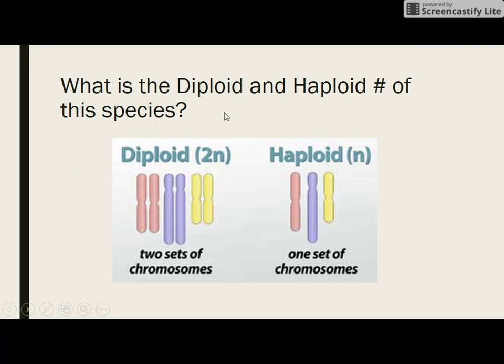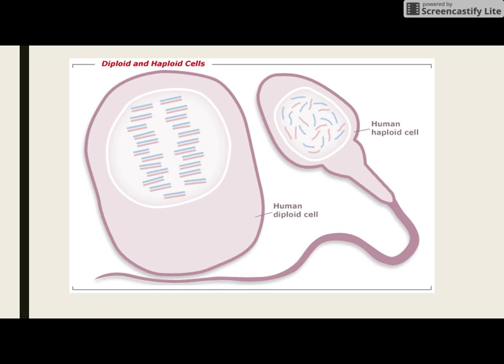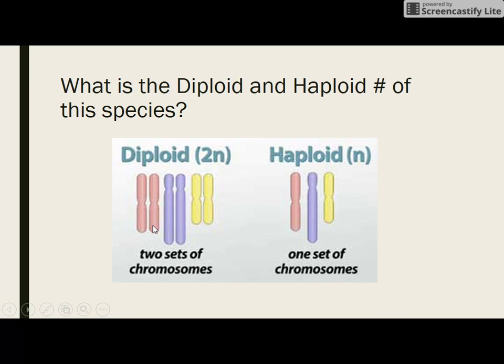If we take a look at this picture, the question asks, what is the diploid and haploid number of this species? So take a look, diploid, 2N, and you count them. 1, 2, 3, 4, 5, 6. So there are 6 chromosomes in this species.